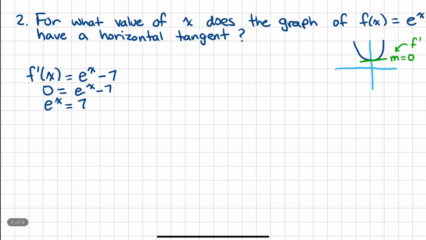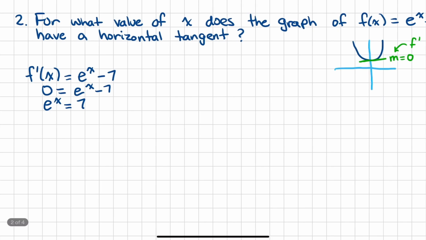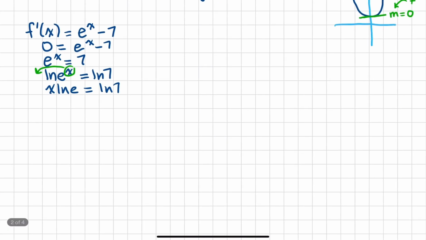To do this, we can take ln of both sides. And remembering your logarithm rules, we can simply take this x and bring it out to the front. And so this will be x ln e is equal to ln 7.